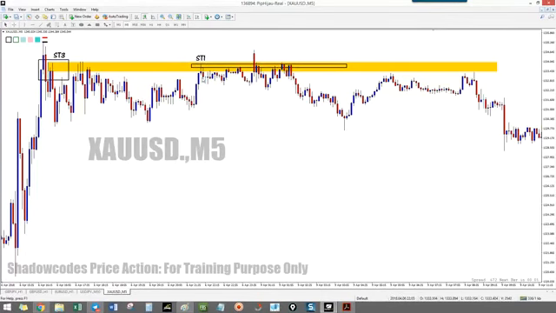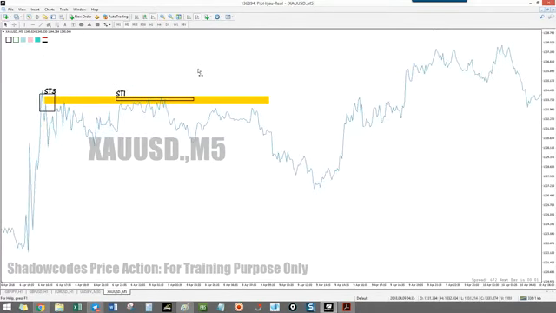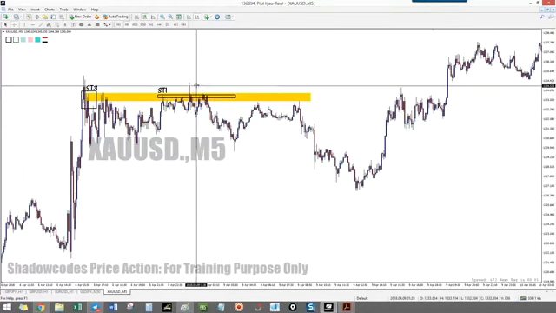What is this? Let's see in the line chart if you cannot see. And this is actually cannot see. Look, you got a high there.